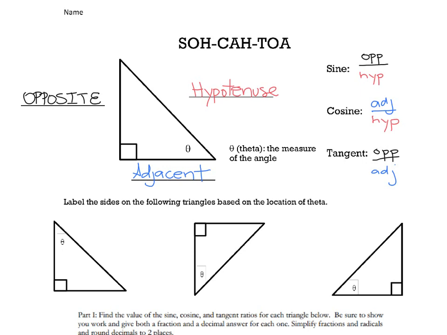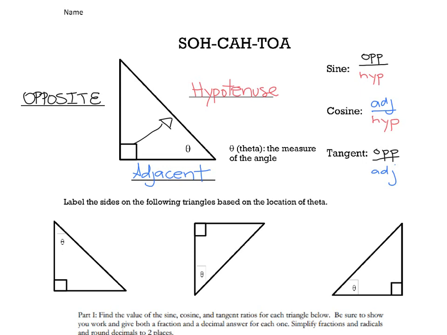Now, I just want to make sure that you know where to locate opposite, adjacent, and hypotenuse. The easiest of them should be the hypotenuse. The hypotenuse will always 100% be across from the 90-degree angle. By now you should not get that wrong.